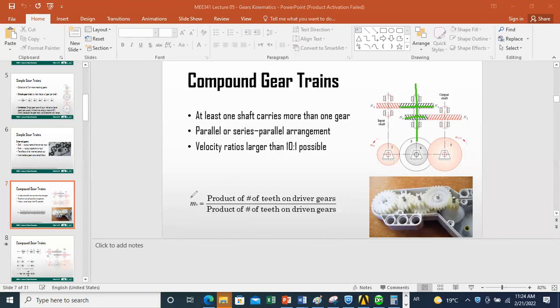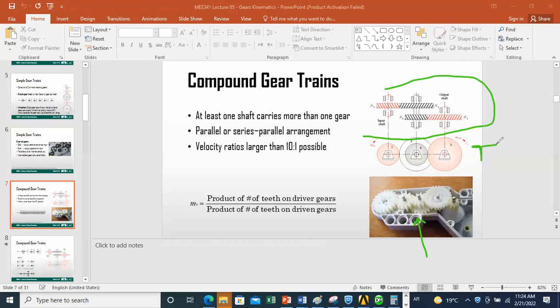And this will allow you to reach ratios larger than 10 to 1 in a simple way. We'll derive together a general rule to find the gear ratio in a simple way for such a gear train system. First, these are 2 views of the gear train system: the profile view, and the view from the top.